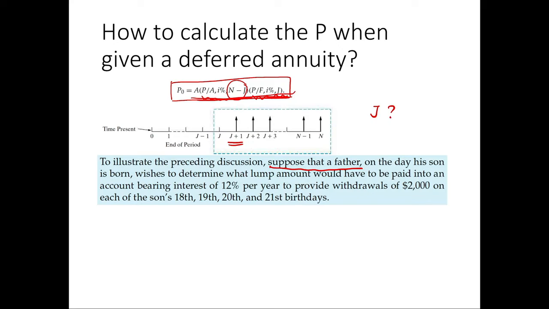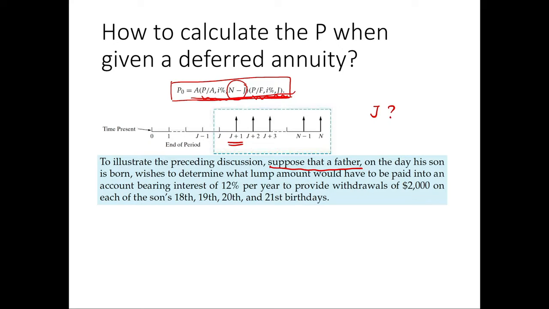How sweet it is. So the father wants to save an amount of money when his son was born. And then what he wants is, after 17 years, his son can withdraw 2,000 from that account on his 18th birthday.